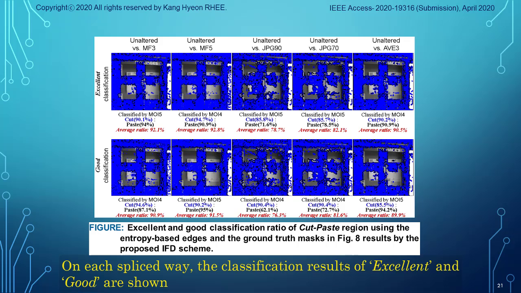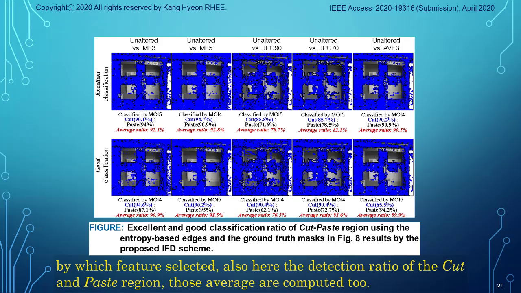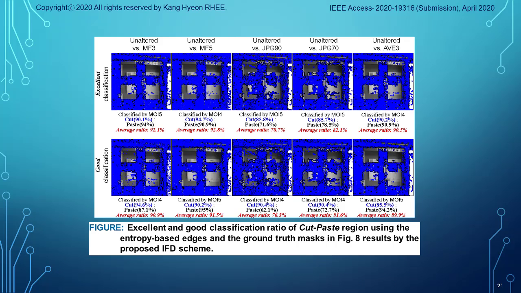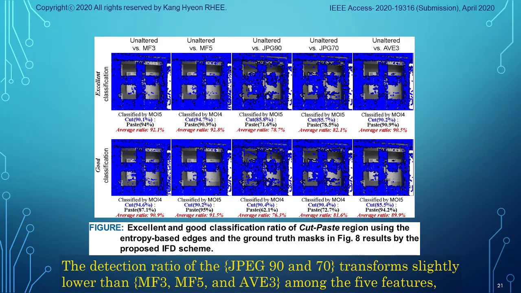On each spliced way, the classification results of excellent and good are shown by which feature is selected. Also here the detection ratio of the cut and paste region, and their average, are computed too. The detection ratio of the JPEG compression by a quality factor 90 and JPEG compression by a quality factor 70 transforms is slightly lower than a median filtering 3x3, a median filtering 5x5, and an average filtering 3x3 among the 5 features.